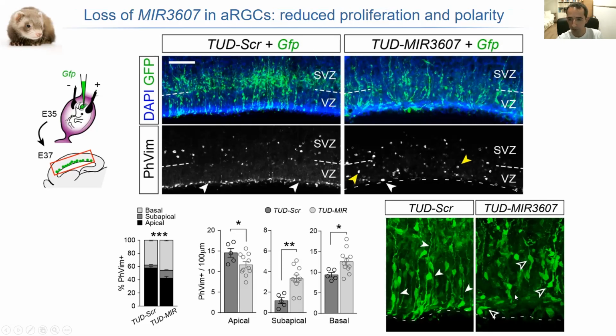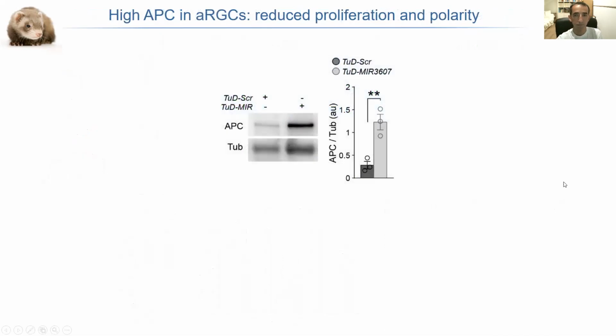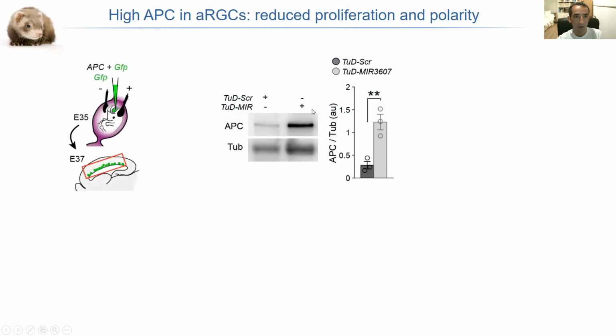And that was most likely the cause of this abnormal location of mitosis. Now, because also the loss of this microRNA in ferret cells will cause an increase in the expression levels of APC protein as predicted, because now we're sequestering the blocker of APC, we thought that maybe by overexpressing APC directly, we might see even more enhanced the effects of losing this microRNA. So this is what we did.